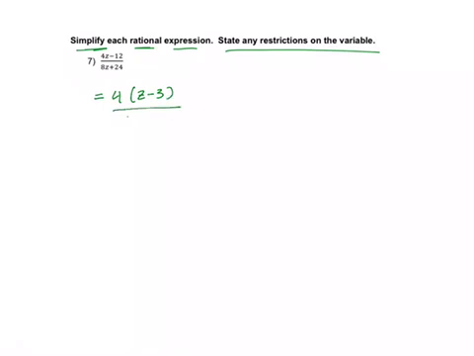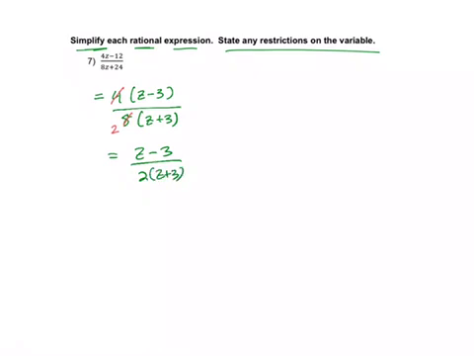The common factor on the denominator is 8, so I have z plus 3. So I can simplify the 4 and the 8. This is the same as z minus 3 divided by 2 times z plus 3.